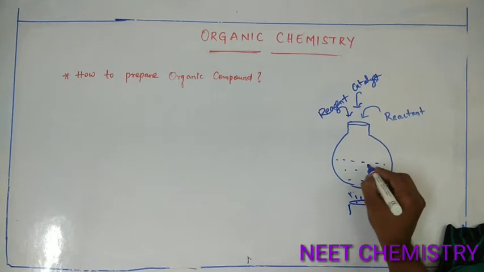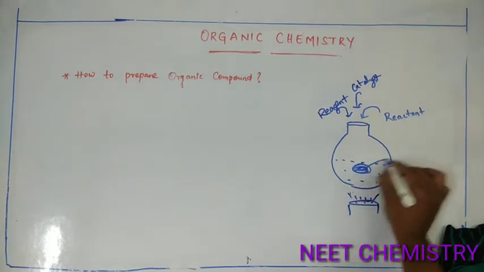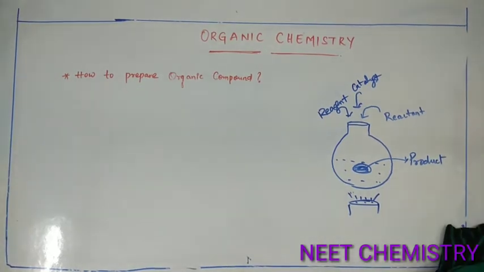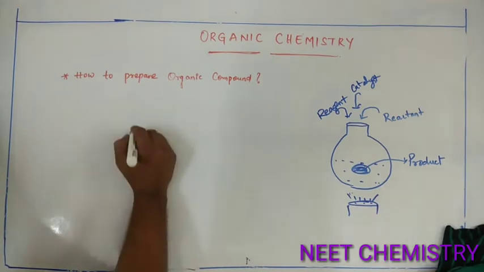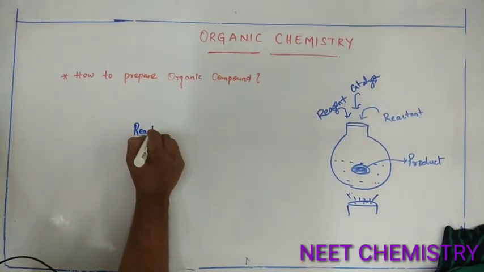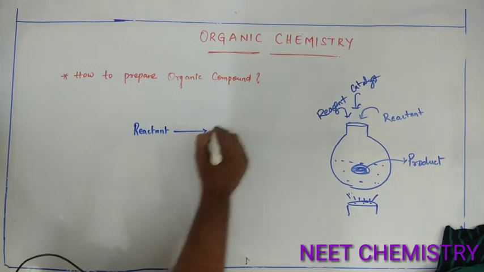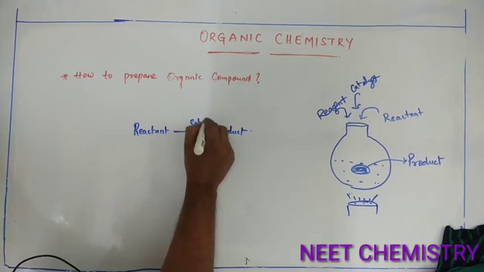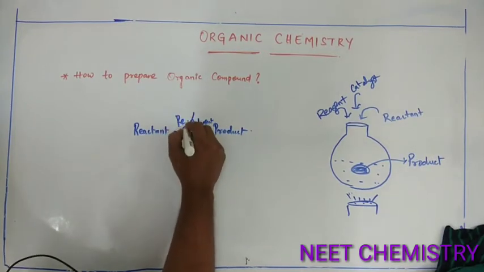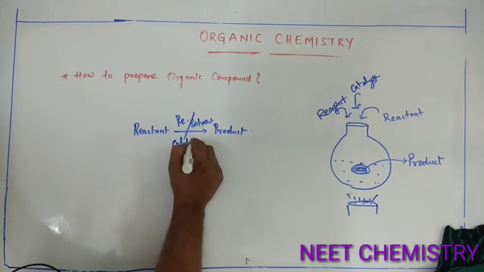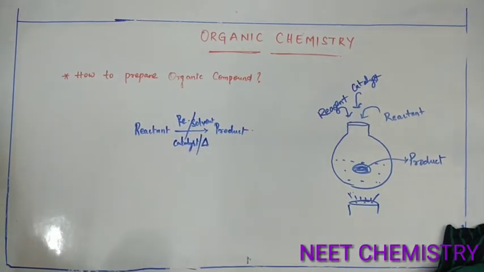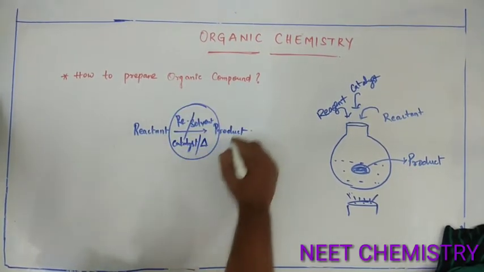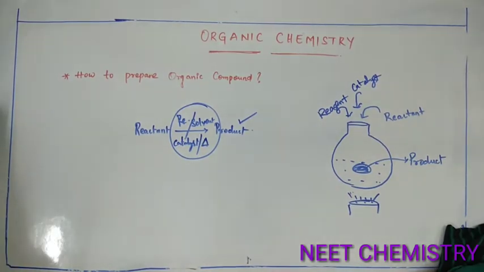Then only you will get the product, which is the required organic compound. So the reactant is converted into product in the presence of solvent, reagent, catalyst and temperature. If you maintain all the requirements, you will get the organic compound.